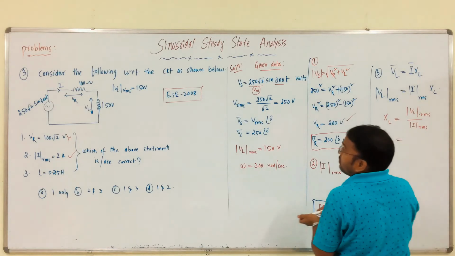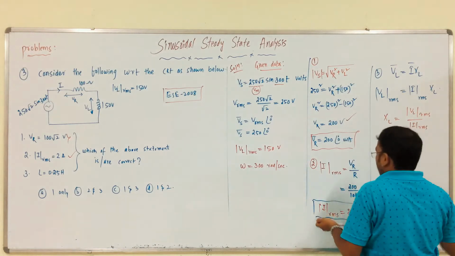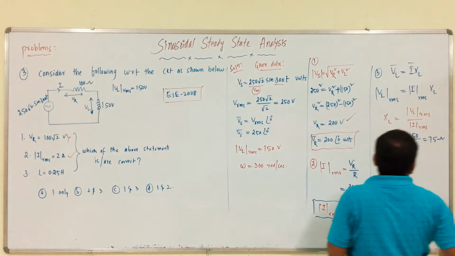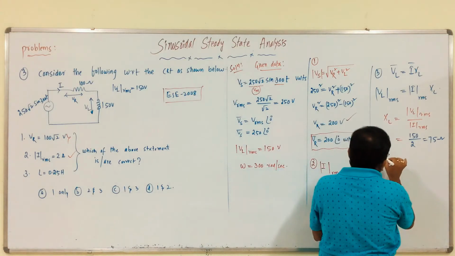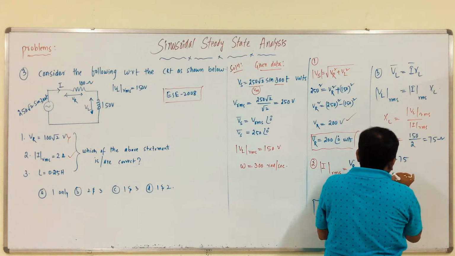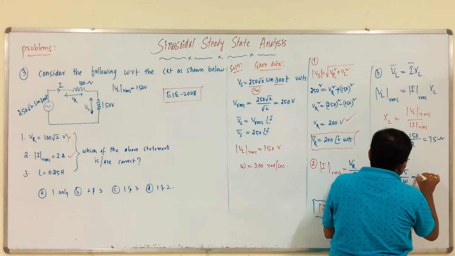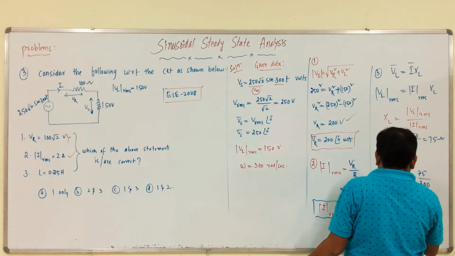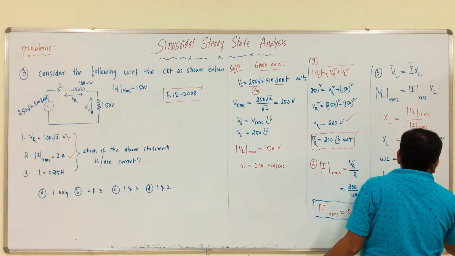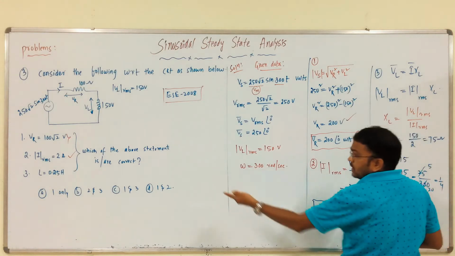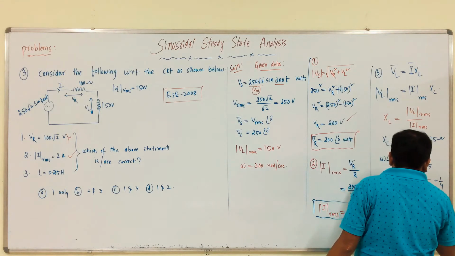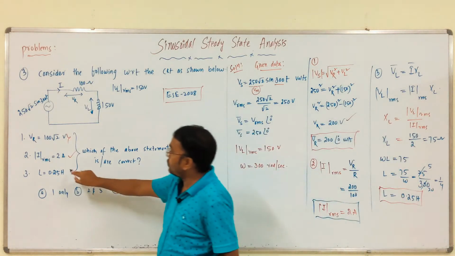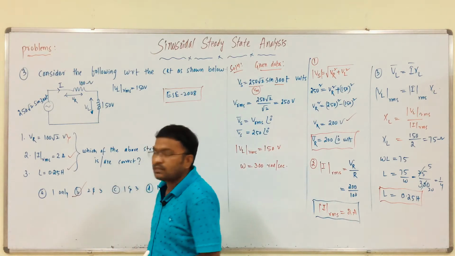VL RMS is 150 as he provided, and I RMS we got as 2, which gives 75 ohms. XL is 75 ohms. XL is nothing but omega into L, which is 75. From this L equals 75 by omega, which is 75 by 300, which equals 1 by 4, that is 0.25 Henry. So option 3 is also correct. Therefore 2 and 3, option B is perfect.